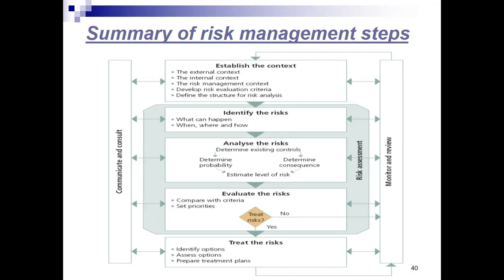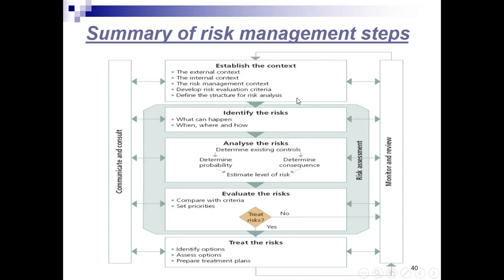Next would be we evaluate the risks. So we compare such with criteria and we set priorities. Shall we treat the risks? Yes, again, for our unacceptable risks. For the acceptable, then of course not needed. So we can proceed to monitor and review. So that's why a while ago on the diagram, we can just go directly, not treat the risks, wherein we identify options and assess our respective options.